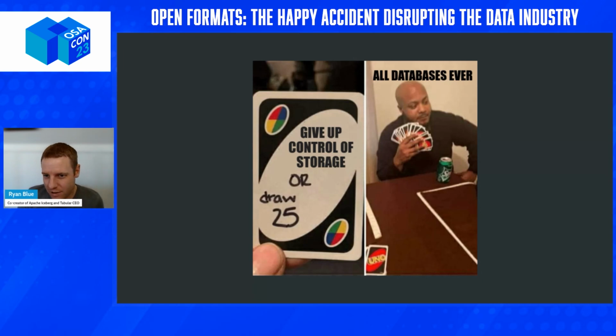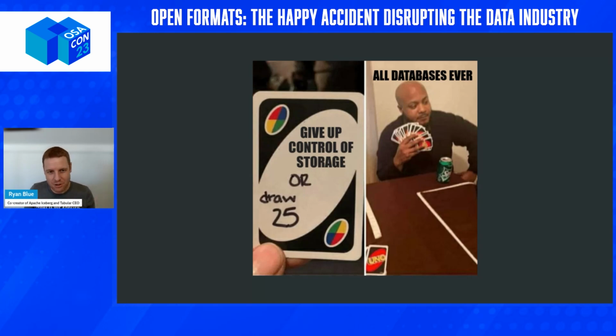Now, the weird thing is this is disruptive. So you can imagine this seems great from the perspective of a user. From the perspective of someone who is a data owner or a platform developer trying to support lots of tools, lots of choice, that's fantastic.